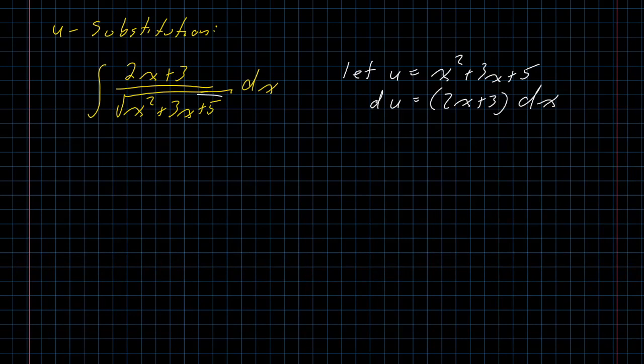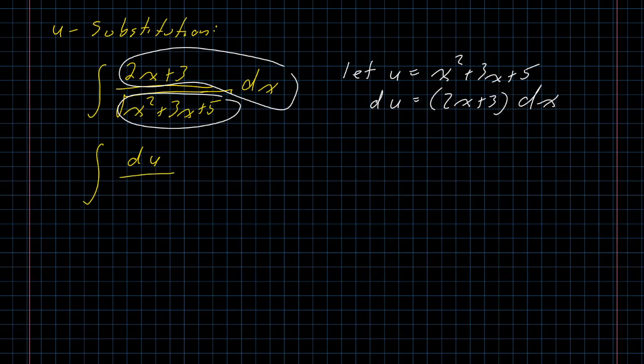And so I've got my u down here underneath the square root. I've got my du hanging out up here in the rest of it, and I can rewrite this integral as du over the square root of u. Using properties of exponents, I can rewrite this further still as u to the negative 1/2 power times du, which makes it a little bit more obvious that we're using the power rule here.